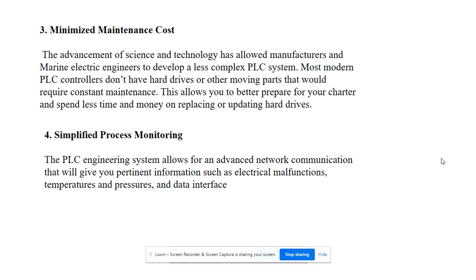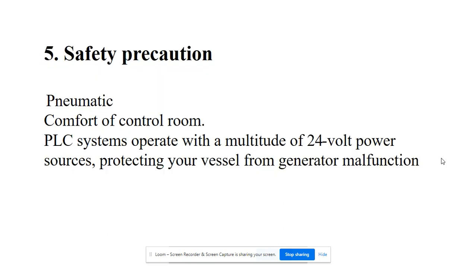Simplified process monitoring. The PLC engineering system allows for advanced communication that will give you pertinent information such as electrical malfunction, temperature, and processes and data interface. The fifth one is safety precaution. That is self-explanatory. You can explain for yourself.